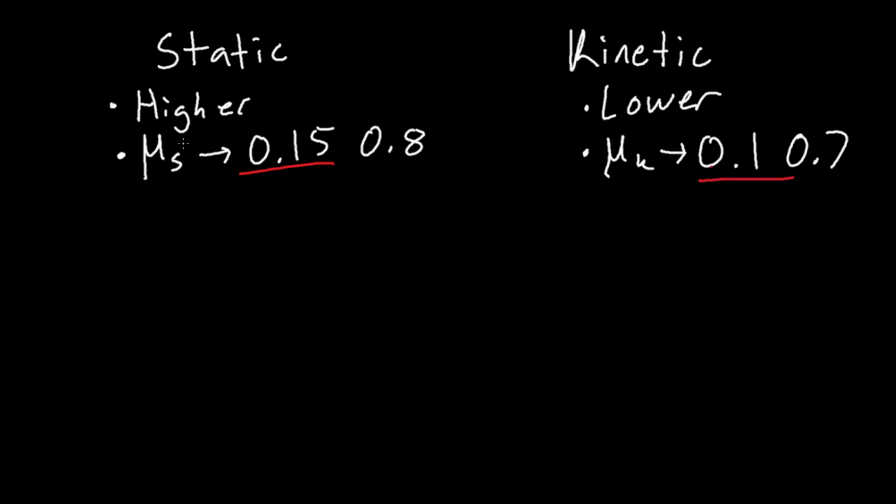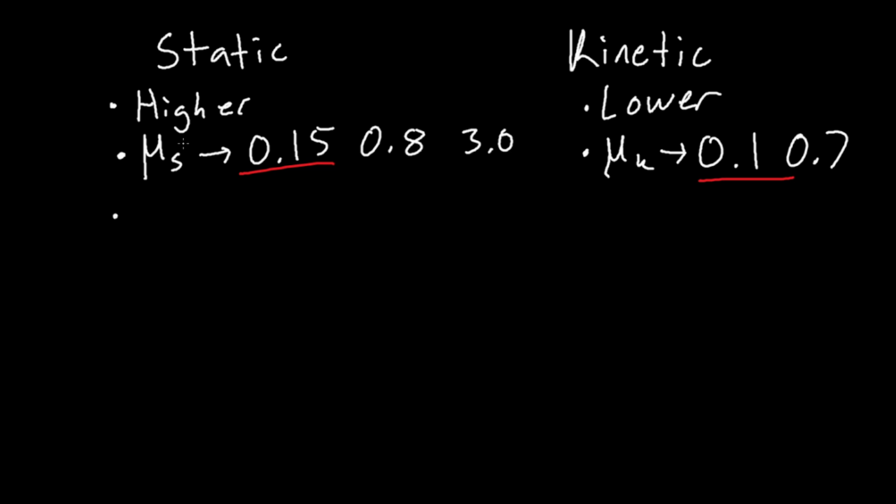Usually, the kinetic friction will have a lower number within the same surface. And I Google searched this, interesting fact, but the highest static friction ever recorded was 3.0, which is ridiculous. It's some type of weird rubber, but that's off topic, of course.